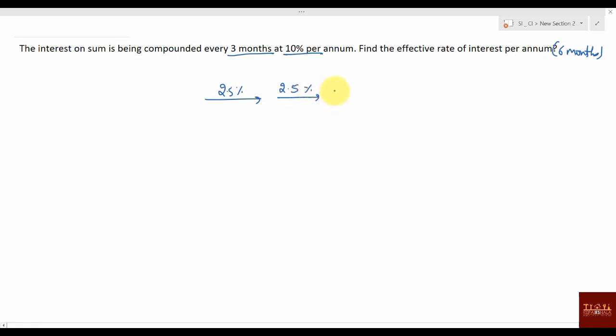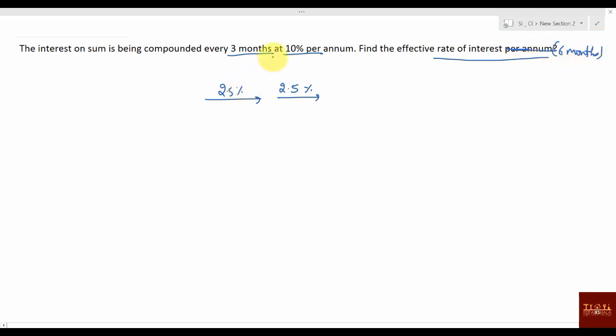See, you have to find the rate of interest per annum for 6 months. Or you can remove this per annum also. You can say effective rate of interest for 6 months.